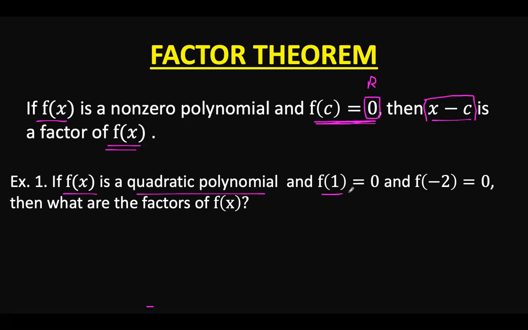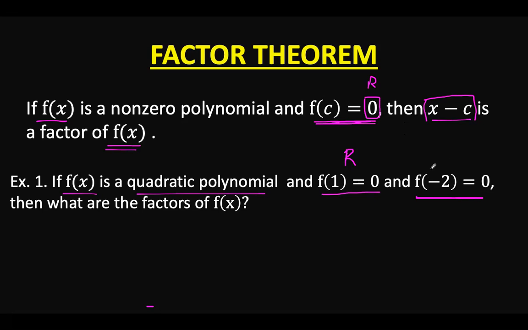And tingnan natin to. Ang gusto mong sabihin nito ay, based sa previous topic natin na remainder theorem, this is the remainder. Ito ang remainder natin. Ayan. Ang nagiging remainder siya when we divide a polynomial f of x by x minus 1. Tapos ito din, f of negative 2 is equal to 0.